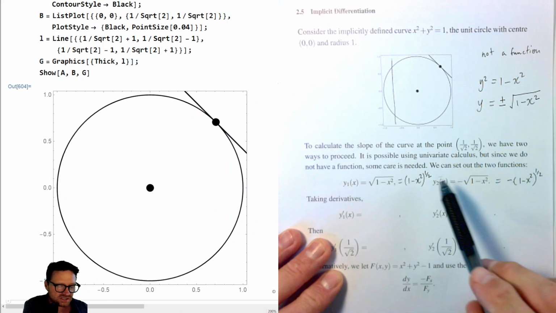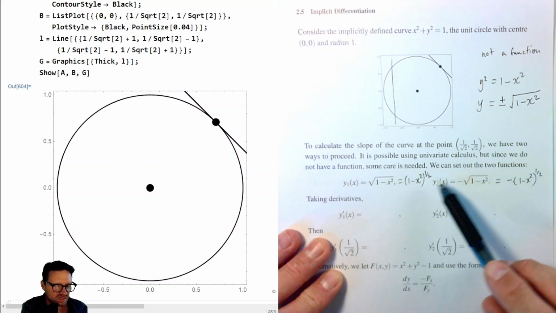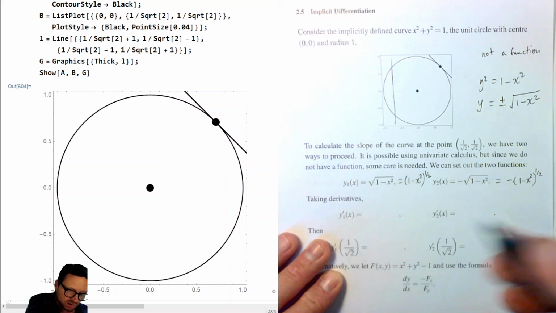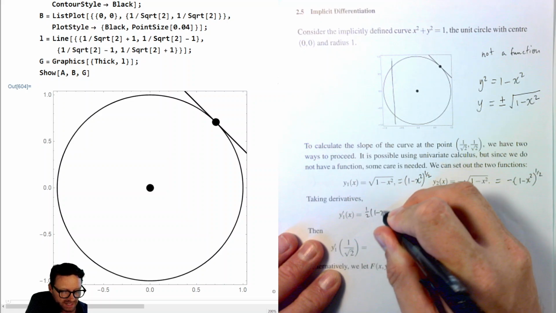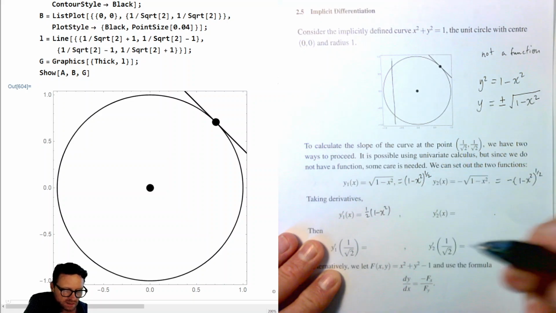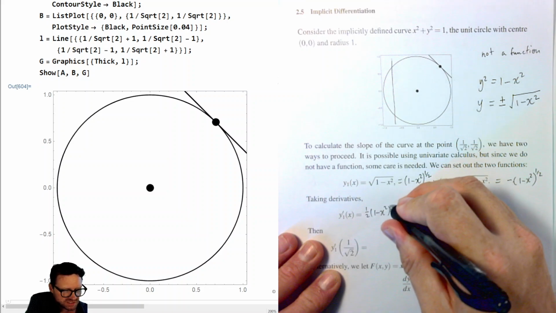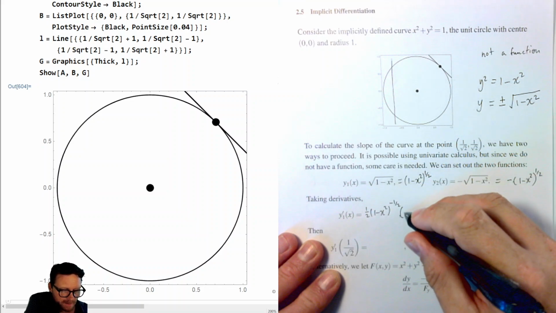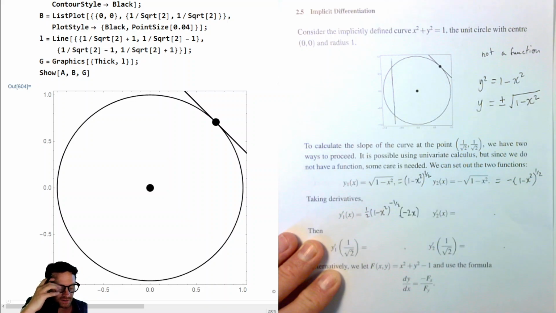Now differentiation involves us pulling down the half, subtracting 1 from the exponent, and multiplying by the derivative of that inside function. So our first derivative is 1 half, 1 minus x squared to the power of 1 half minus 1, which is minus a half, and then multiplied by minus 2x, which is the derivative of 1 minus x squared.